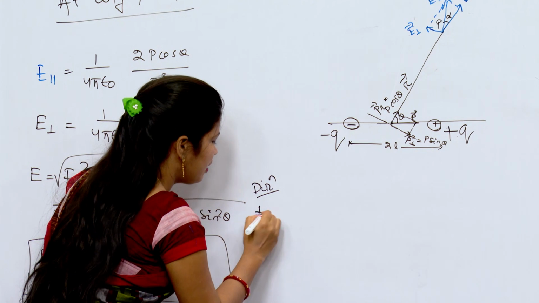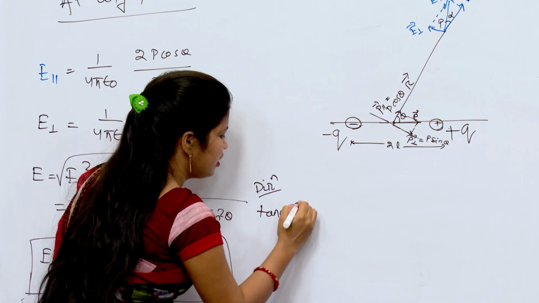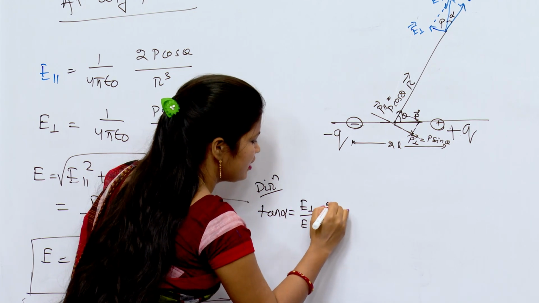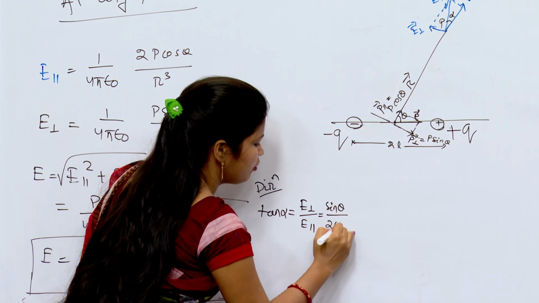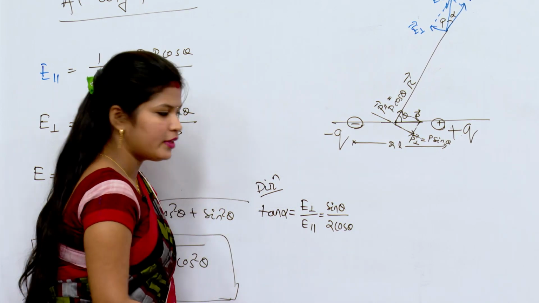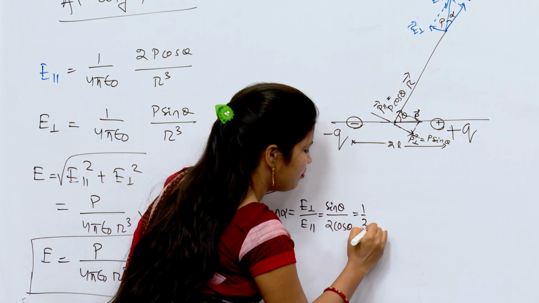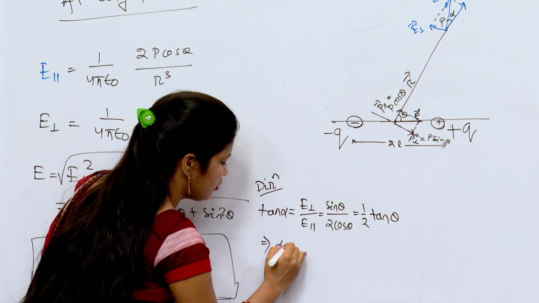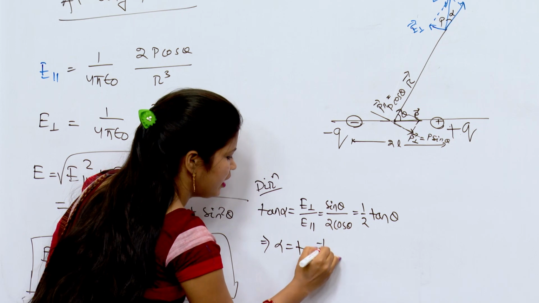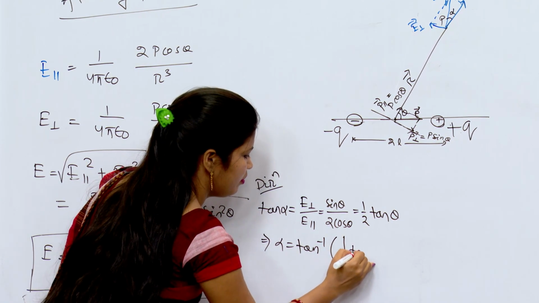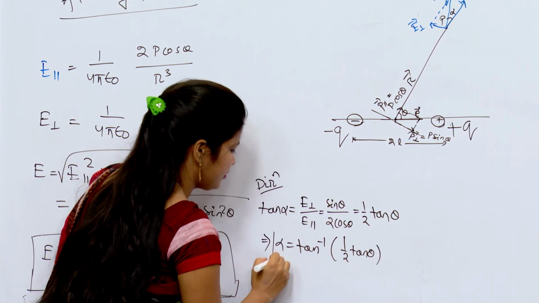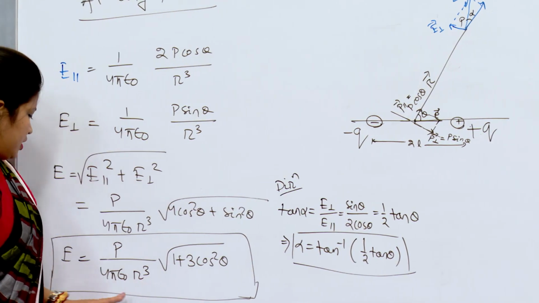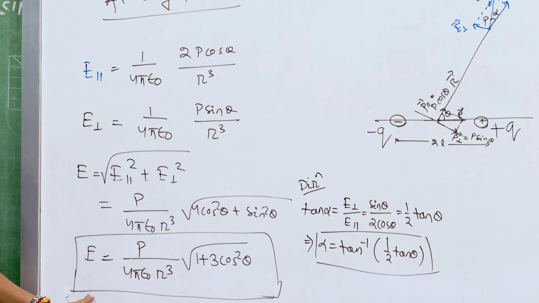So tan alpha is equal to E perpendicular upon E parallel, that is sin theta upon 2 cos theta, which is half tan theta. So alpha is equal to tan inverse of half tan theta. This is the general formula of electric field intensity.